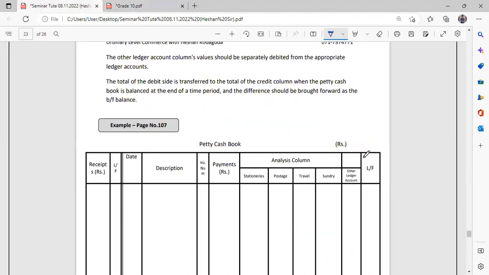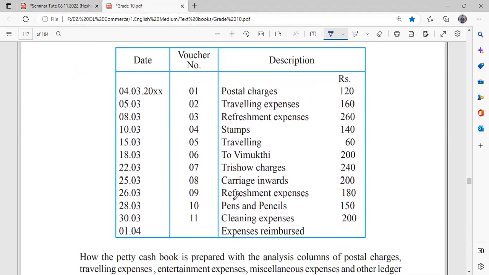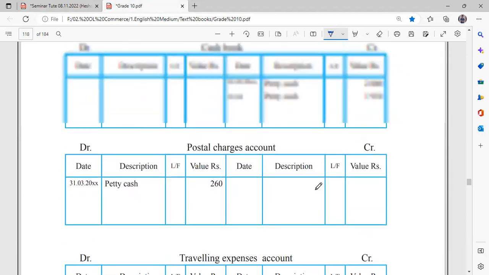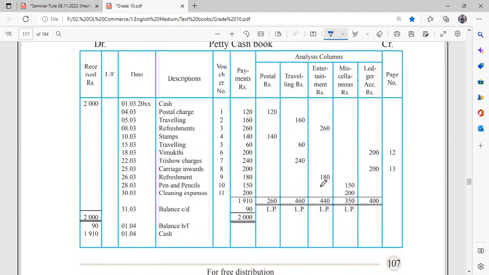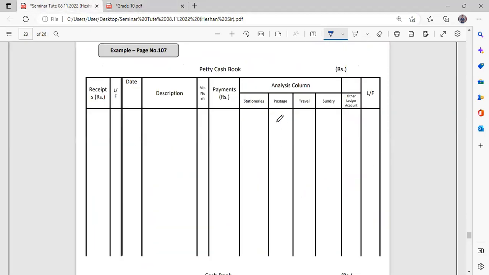Sundry and other ledger accounts should be recorded for sure, right? So other ledger accounts. Apart from that, we need to decide other things, right? So in the next example activity, we can decide it, right? Now these are the analysis columns, right? So postal, postage, stationery, travel, and sundry.